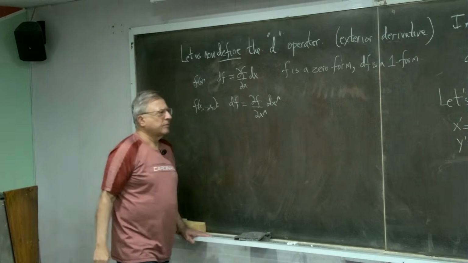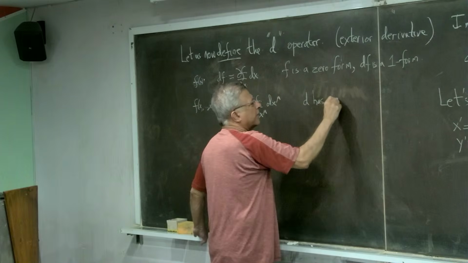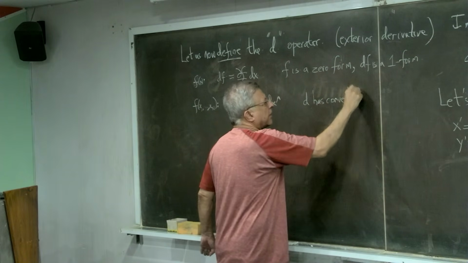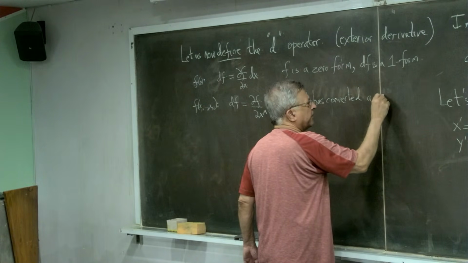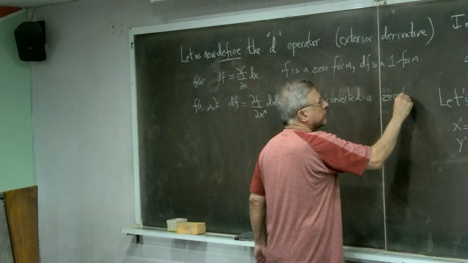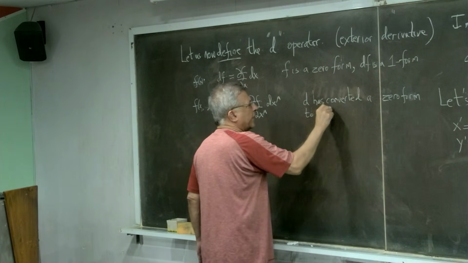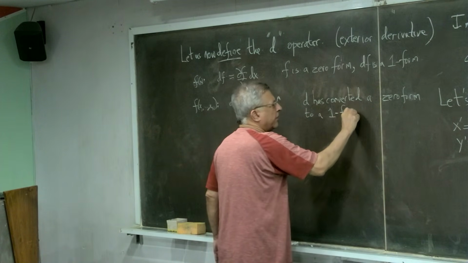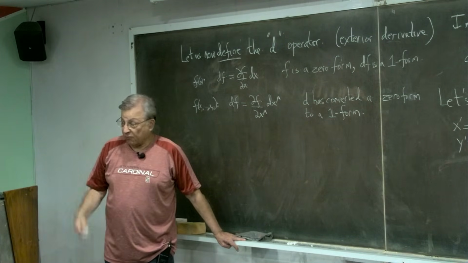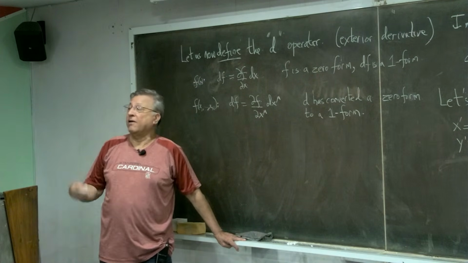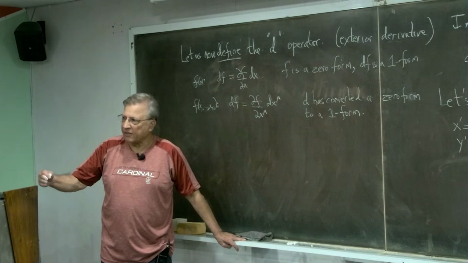And so D has converted a zero form to a one form for any number of dimensions. So that's one thing that we require of D, that it be a form raising operator.